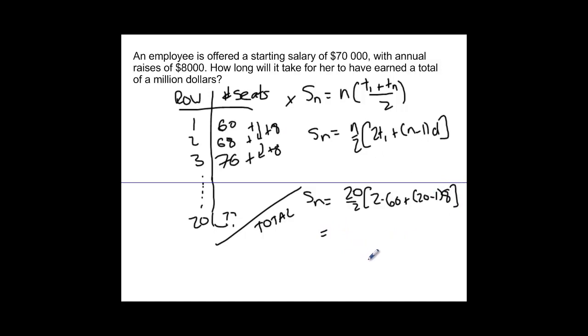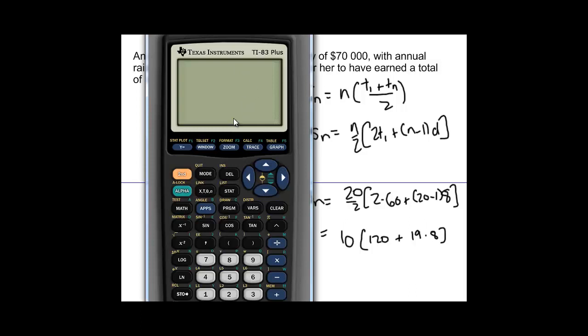The key here now is to not mess up your calculations. So I'd recommend trying something like this. 20 over 2 is 10. 2 times 60 is 120. And then 20 minus 1 is 19, and you're multiplying by 8. That maybe makes more sense to put in a calculator. So 10 bracket 120 plus 19 times 8.